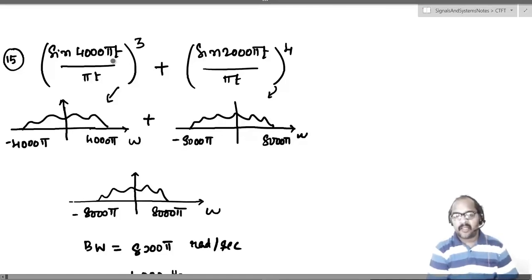This is multiplication in the time domain, and hence in the Fourier transform we have to convolve. So the overall convolution will give you some shape.